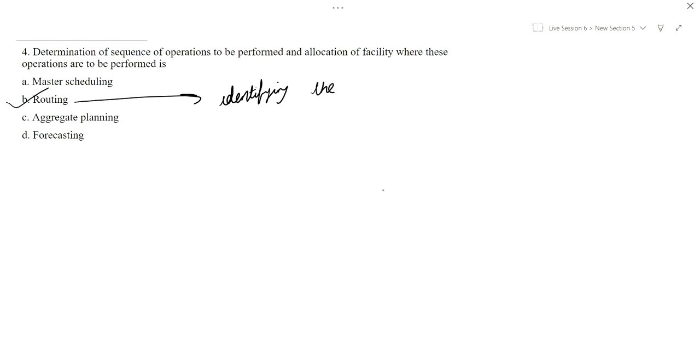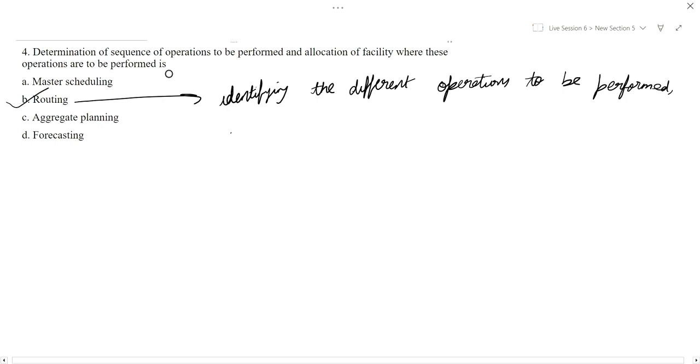Identifying the different operations to be performed and the different sequences to be followed.